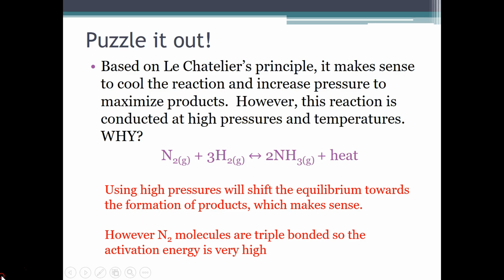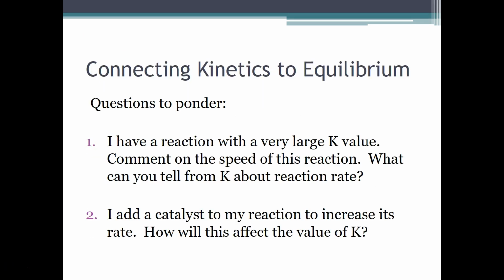Okay, now to kinetics and equilibrium. A couple of questions to ponder. A reaction with a very large K value: comment on the speed of this reaction. What can you tell from K about the reaction rate? I know that if I have a very large value for K, then products are favored over reactants.